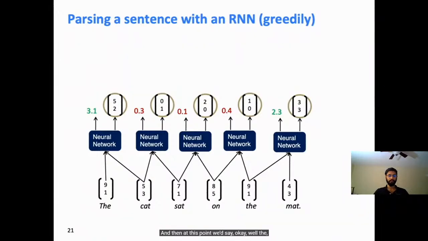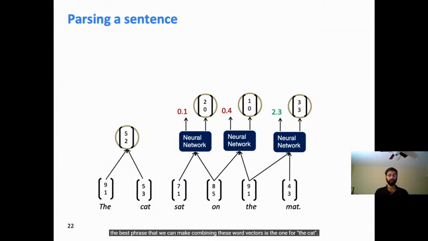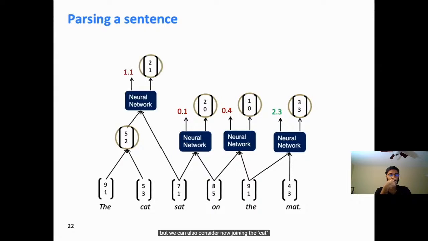And then at this point, we'd say, okay, well, the best phrase that we can make combining these word vectors is the one for the cat. So let's just commit to that one, and it has this semantic representation. And at this point, we can essentially repeat. Now, all the work we did over there, we can just reuse because nothing has changed, but we can also consider now joining the cat as a constituent with sat and get a score for that.